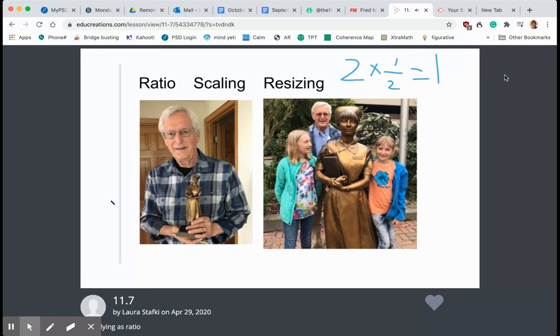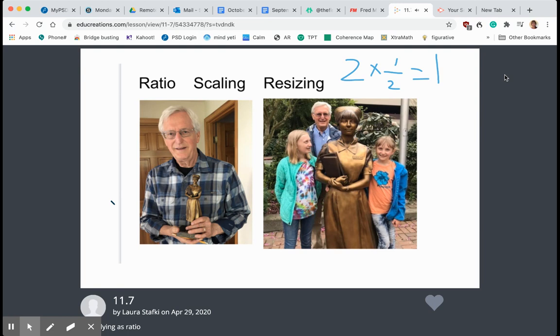He made a little one, took the measurements, multiplied them, and got the measurements for the big sculpture. Then he was able to make the big sculpture using those ratio resizing measurements. So sculptures are one time where you might see a lot of ratio being used.